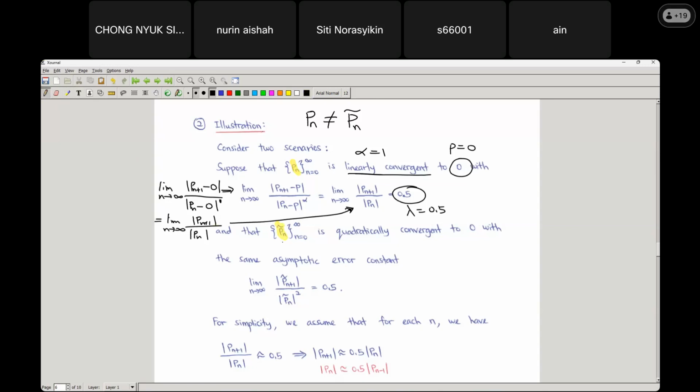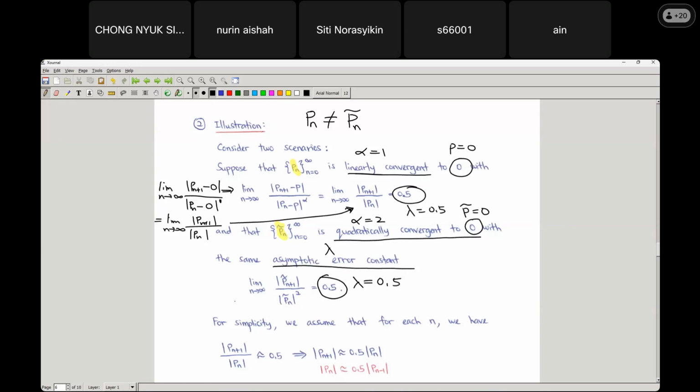This sequence is quadratically convergent to 0. Quadratic means that your alpha is equal to 2, and it converges to 0, so this value represents P tilde equal to 0, to differentiate P and P tilde. It has the same asymptotic error constant, which refers to your lambda. So this value represents lambda equal to 0.5.